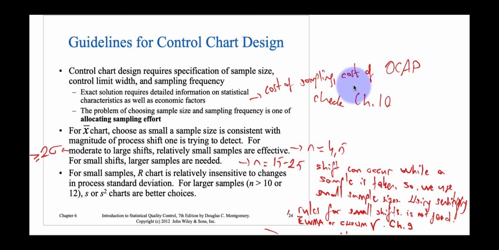But if we use large samples like 10 or 20, these range values will change dramatically. So that's why for larger samples, S or S square charts are better choices than the range charts. And in this lecture, we are going to see the S square charts. Okay, do not worry about it.